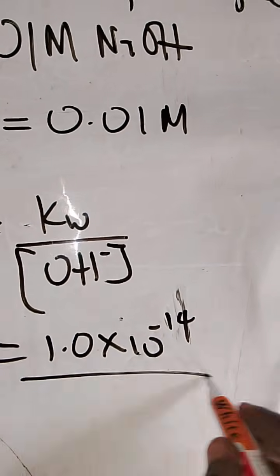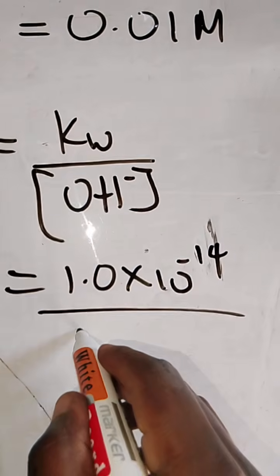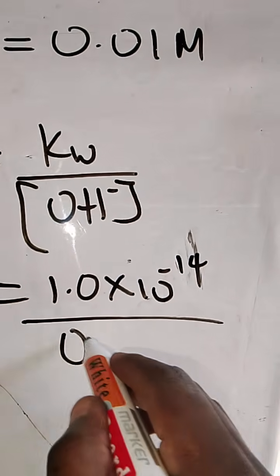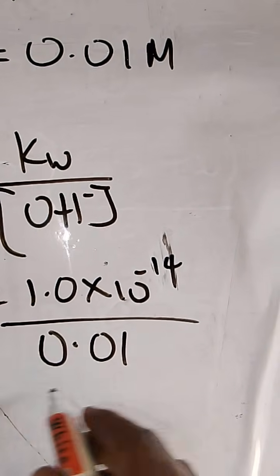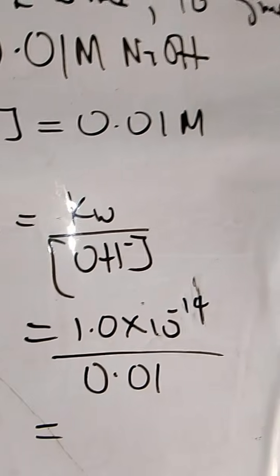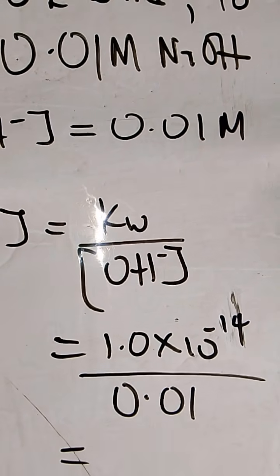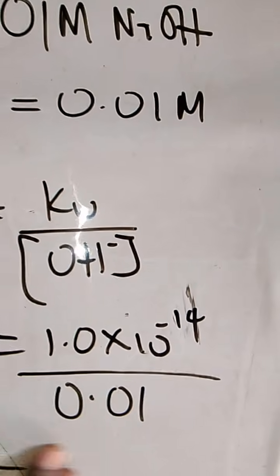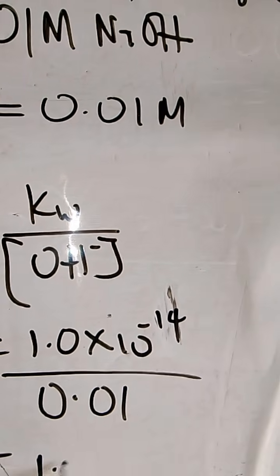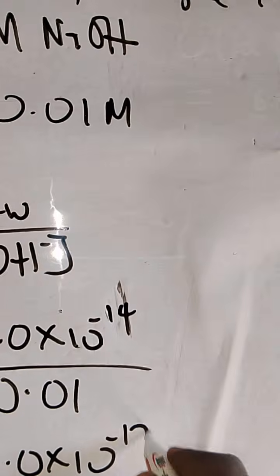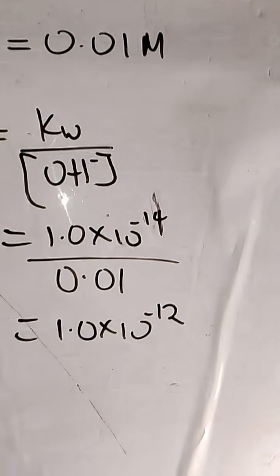It's a constant. Over the concentration of hydroxide ion, 0.01. If you divide that, you get 1.0 times 10 to the power negative 12.